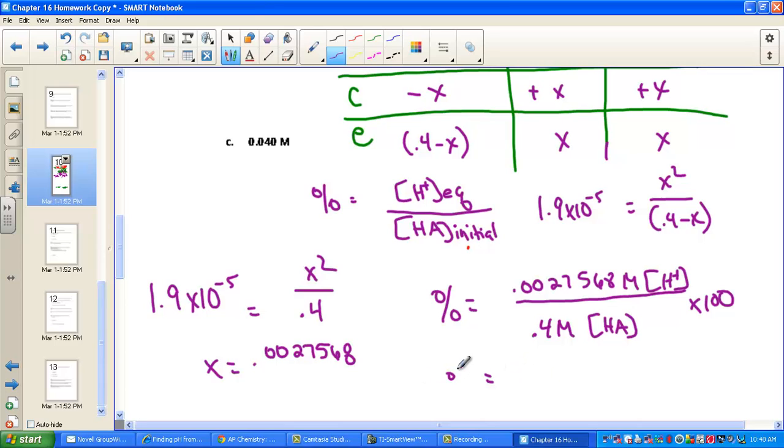This was valid math. Did you find for your percent ionization 0.689? So how about 0.69%, which is well below the 5% rule, which means we could indeed toss out the minus X here and do simple math. 5% or below, no need for the quadratic formula.